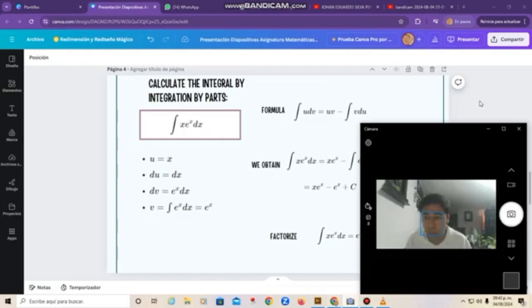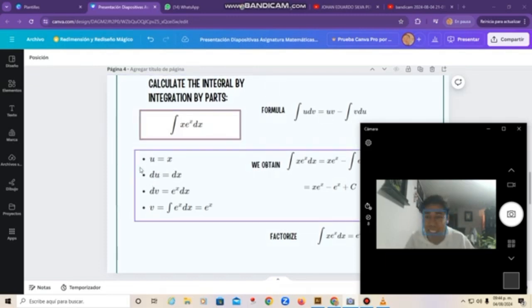Okay, well, I'm going to continue with the second topic, integration by parts. In this part we have the integral of x e to the power x dx. So we're going to separate it and divide it.